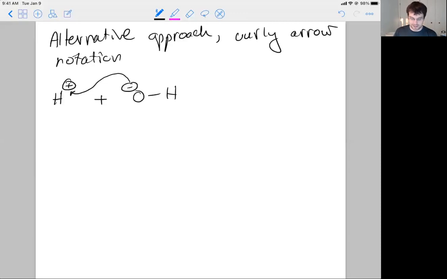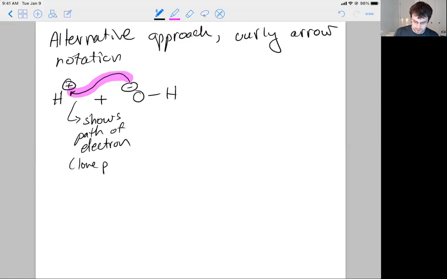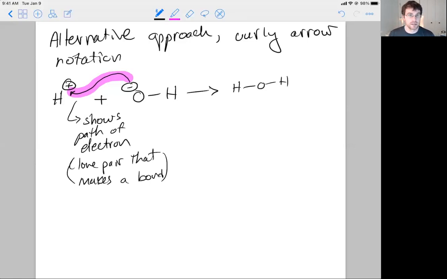The reason being is this curly arrow is to show the path of the electrons. It's the path of the electrons, and specifically, it's the lone pair that makes a bond. So it's the lone pair of electrons that actually goes out and makes the bond to the other hydrogen atom to give rise to water.